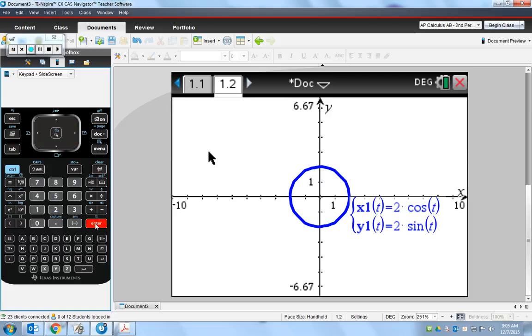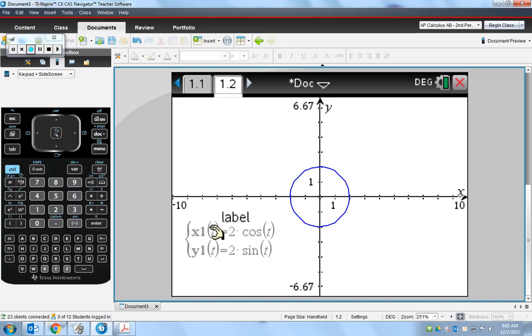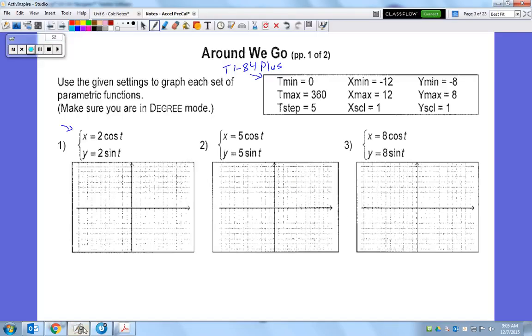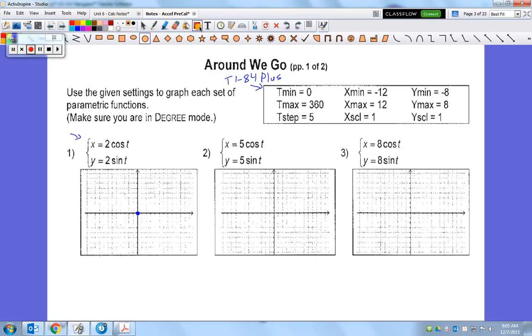And there's your circle. Now this circle looks like it has a radius of 2, and it also looks like it has a center at 0, 0. So I'm going to go ahead and draw that right now. So here's that. Let's say that each of these is 2, so I'm going to draw a quick circle for you. So 2 is about here.